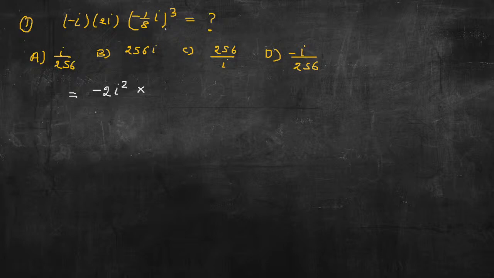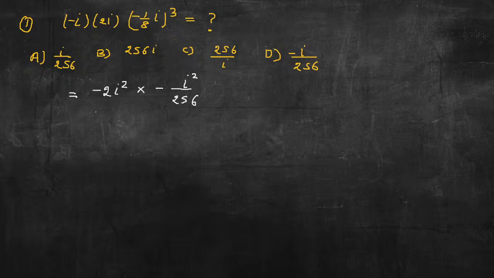Into minus 1 by iota having power 3, so it will become minus. No problem at all. 8 having cube, that will become 512. Naresh has given the answer C, 256.